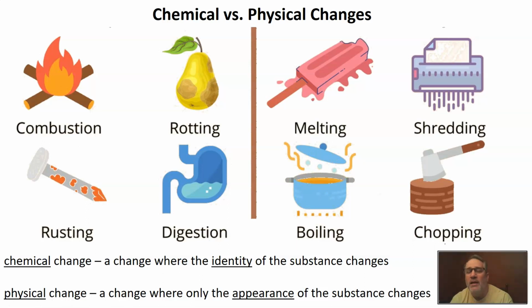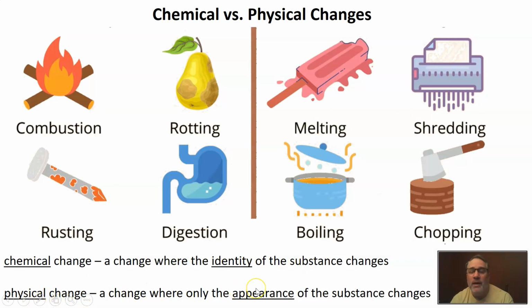We haven't created a new substance. Same thing. We can chop this wood and very clearly it has changed. But when we're finished chopping it, we still have wood. Shredding paper. We've obviously changed it, but in the end, we just have paper in smaller bits, but it's still paper. Okay. So a chemical change is where the identity of the substance is going to change.